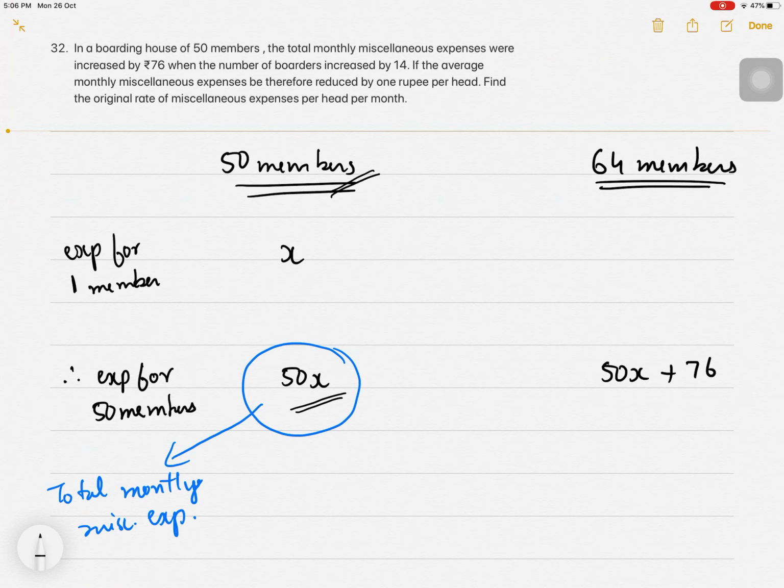That means the total expense became 50x plus 76.